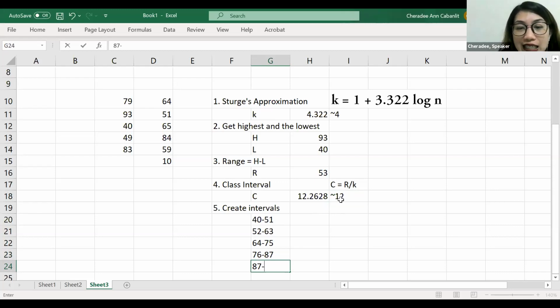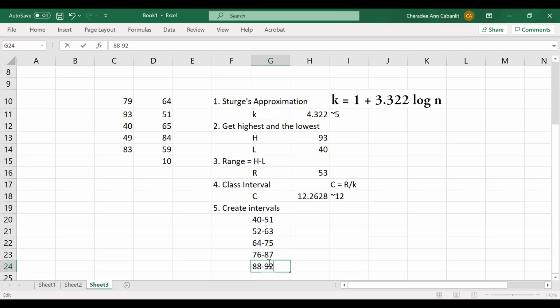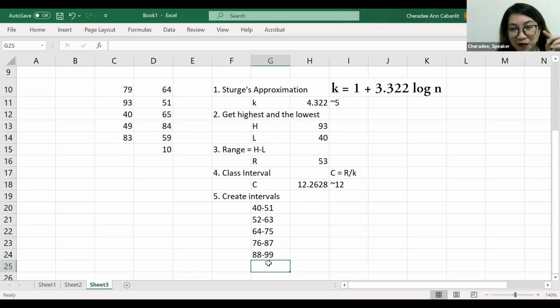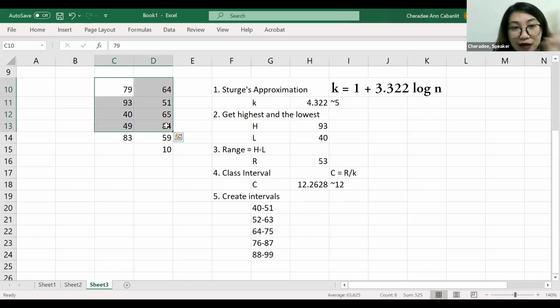So 87. We round down for the class size, but for the class intervals we have to round up to accommodate the largest number, which is 93.